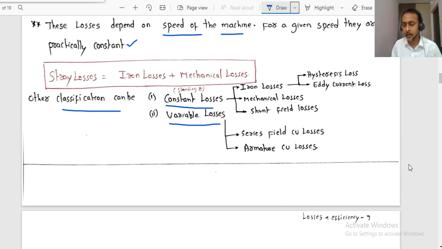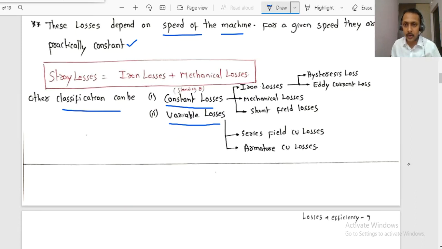If it is a generator, we will apply the electrical load. If it is a motor, we will apply the mechanical load on the motor output, some rotating mechanism or something, right? So here, under constant losses, iron, mechanical and shunt field losses are constant in a given machine.